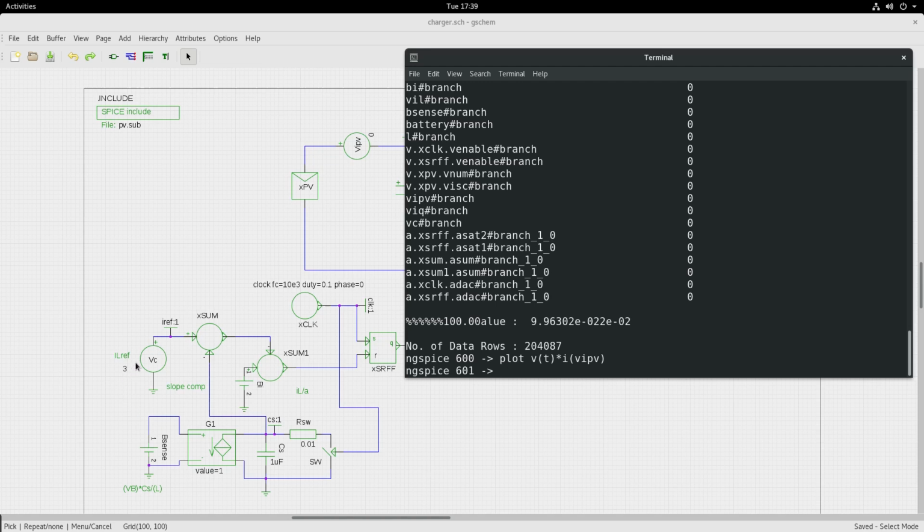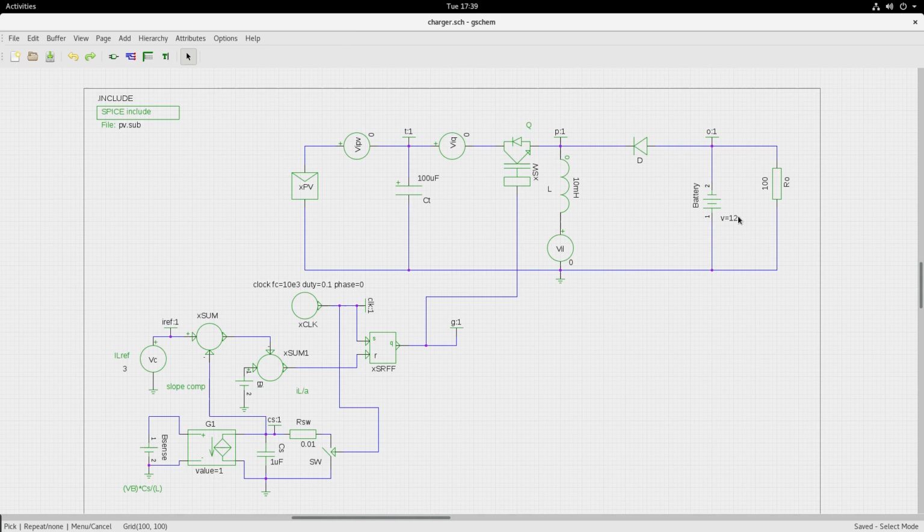So you see that adjusting this IL ref value plays a role in deciding the amount of power that is being drawn from the PV panel, because the battery potential is more or less constant at around 12 volts.